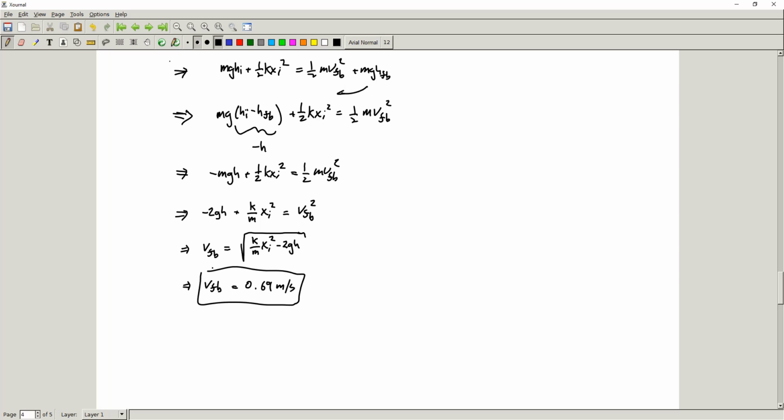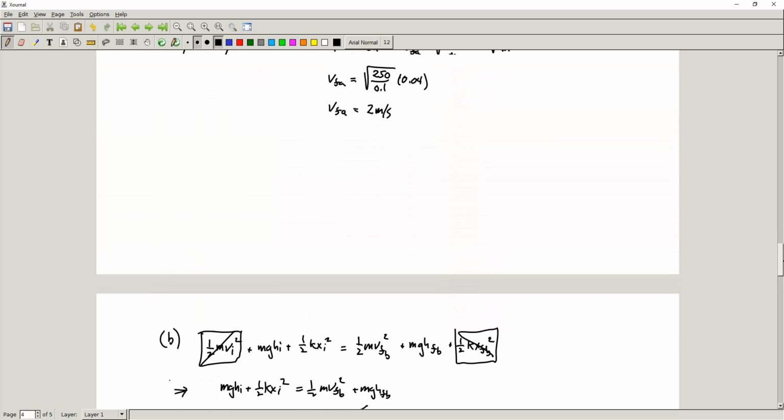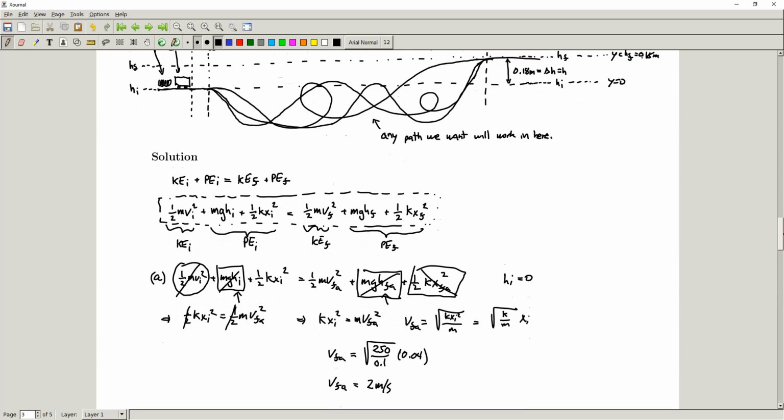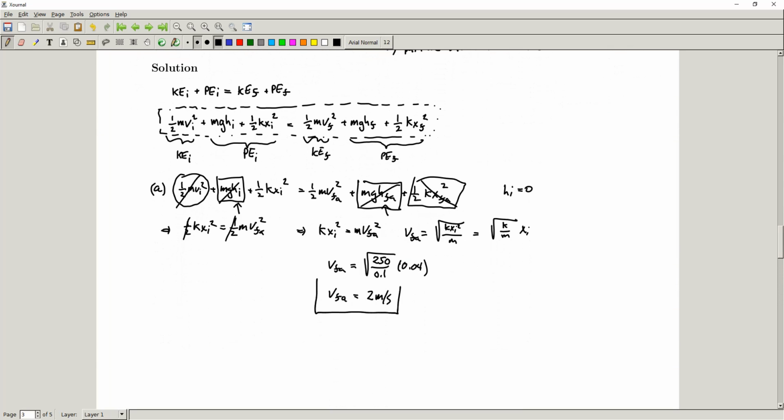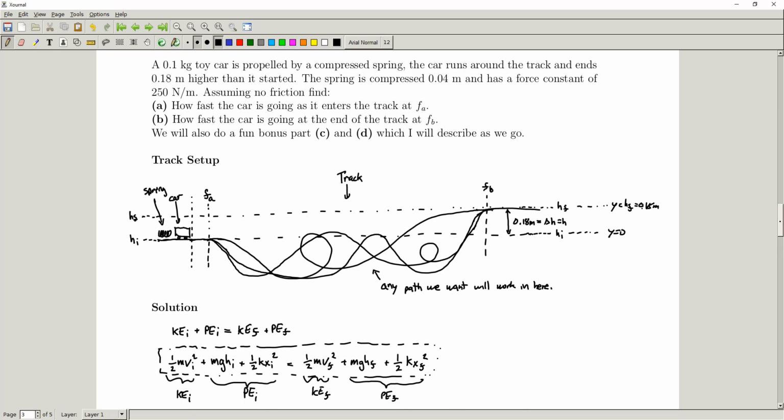Okay, and so we can do a little bit of a sanity check here. We found a velocity of 0.69 meters per second at point final B, and we found a velocity of 2 meters per second at point final A. Does that make sense? Well, it does kind of make sense, right? The car is initially launched by this spring, and as it crosses this final A point, its velocity is 2 meters per second.